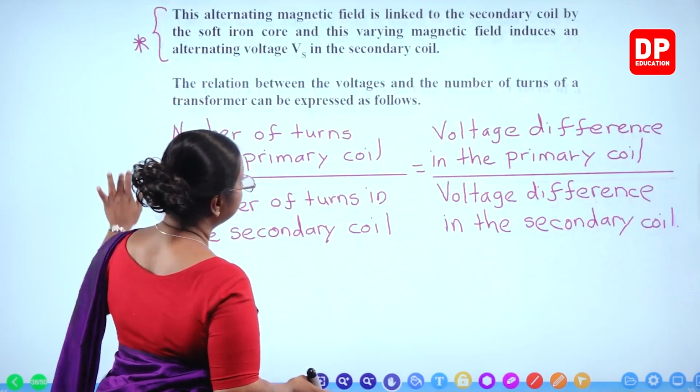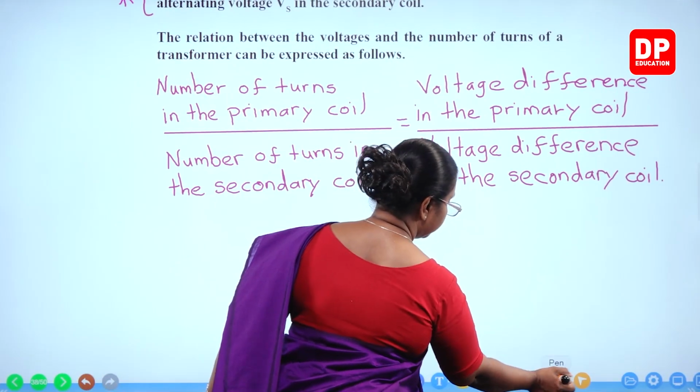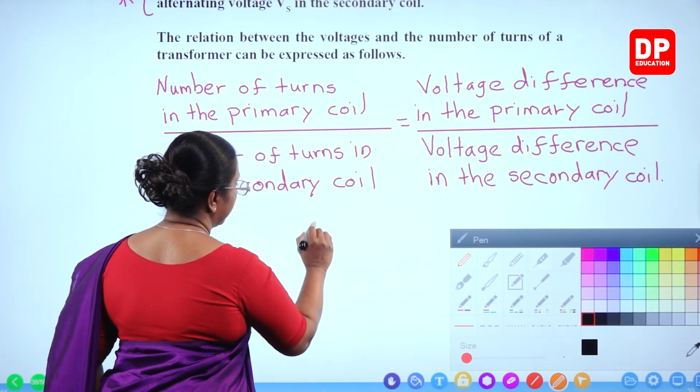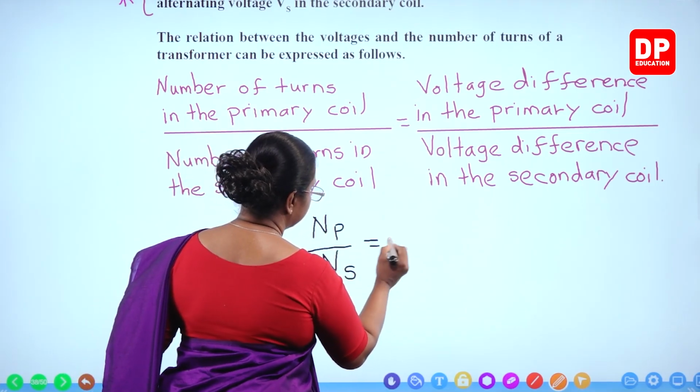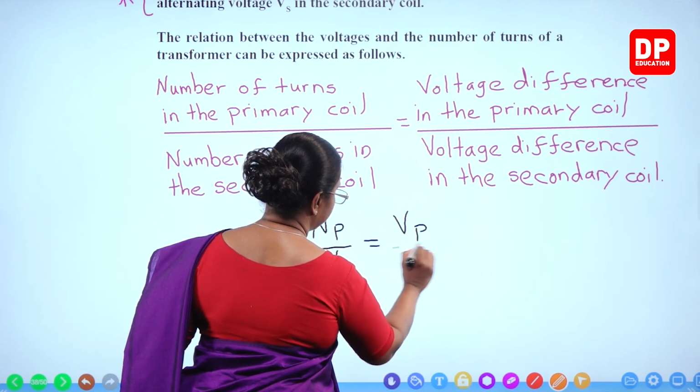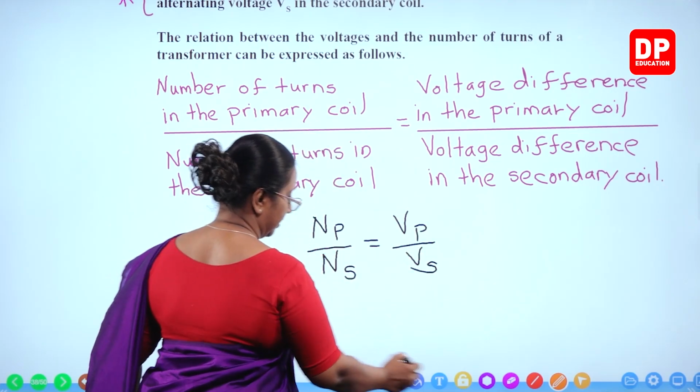So from that we got the equation: N primary over N secondary is equal to V primary over V secondary.